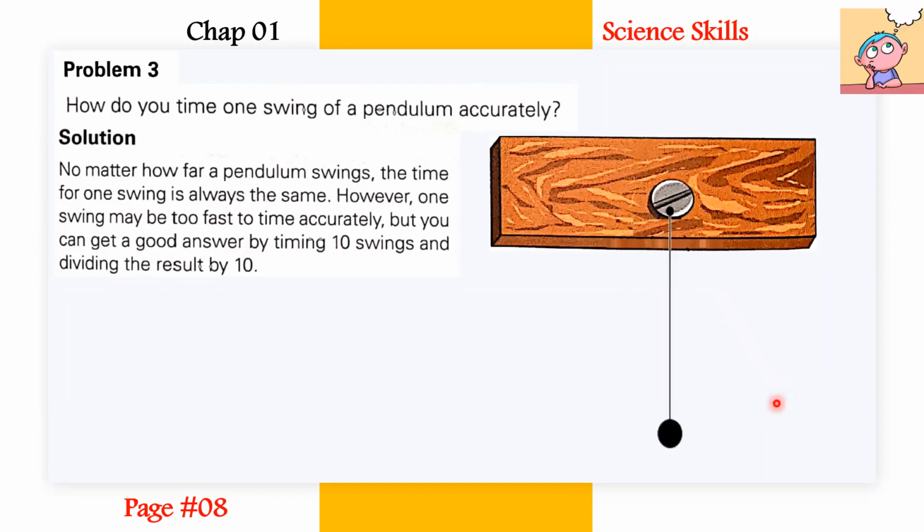So you have to count 10 swings and measure the time also. Then you divide the timing by 10 and you will get the time period.